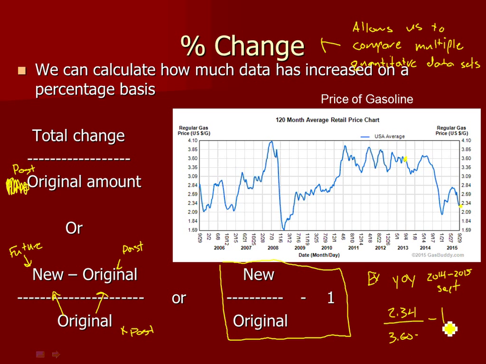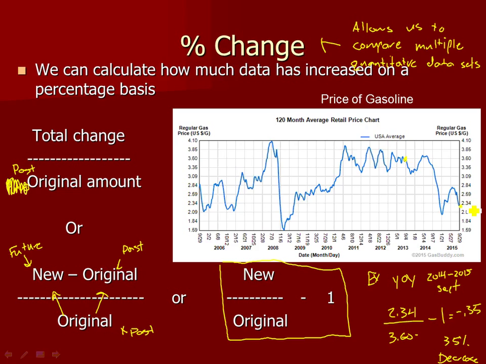If I calculate that using Mr. Englander's calculator, I get 234 divided by 360 minus 1, negative 0.35, a decrease of 35%. Which makes sense. Higher value to a lower value, we declined in our price. How much? By 35% of our original value.